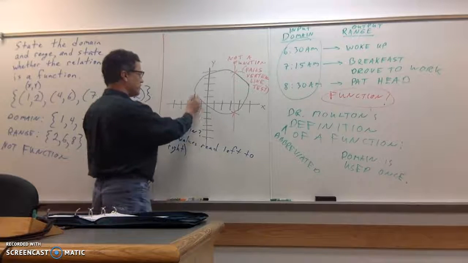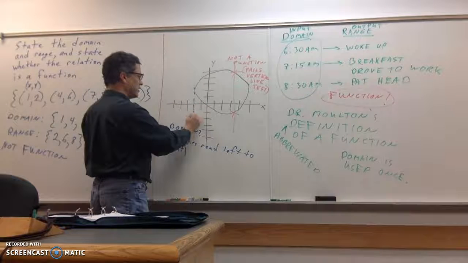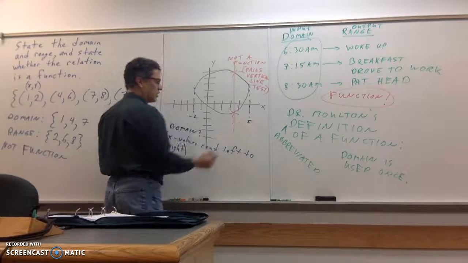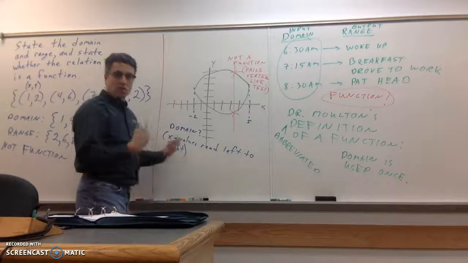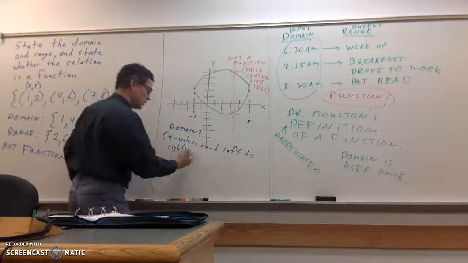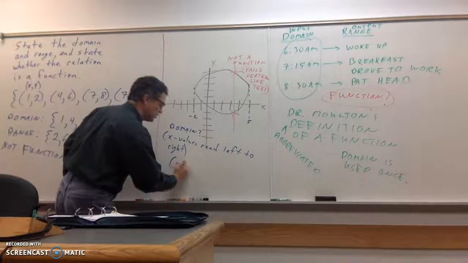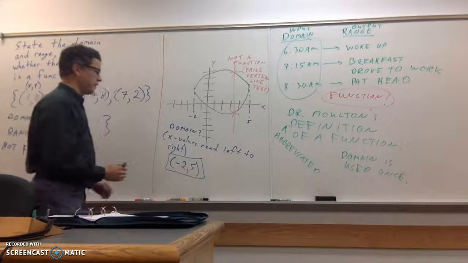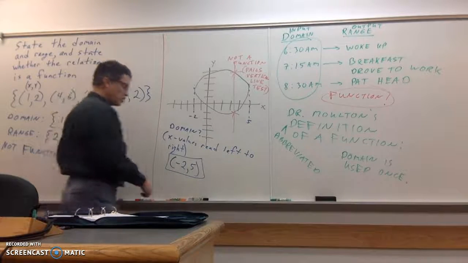Smallest x value looks like it's occurring here at -2. And your biggest x value looks like it's occurring here at 5. So we're going to write this in interval notation, -2 to 5.